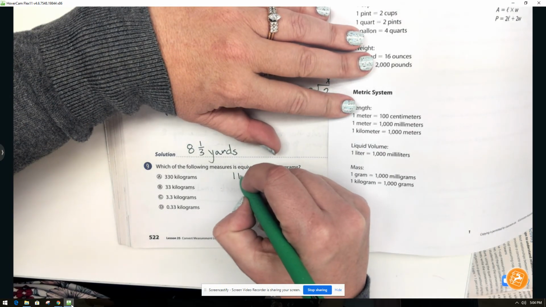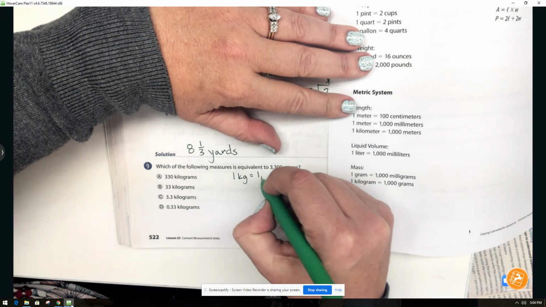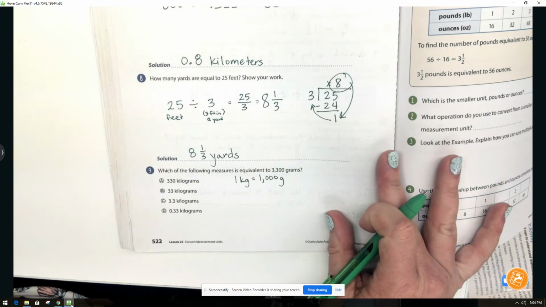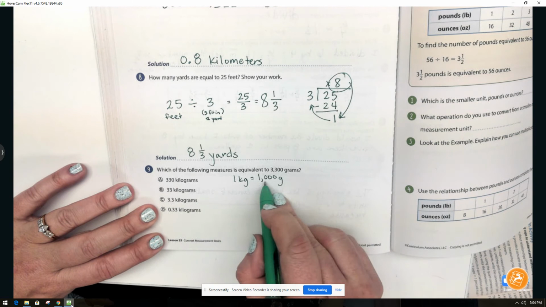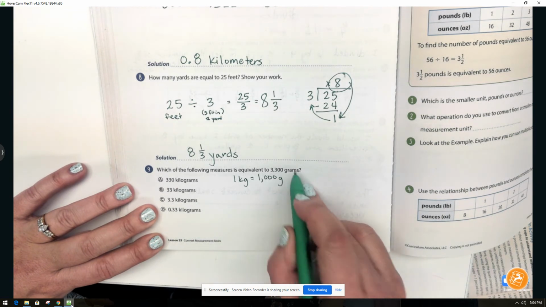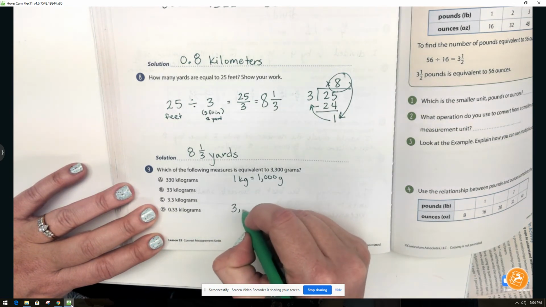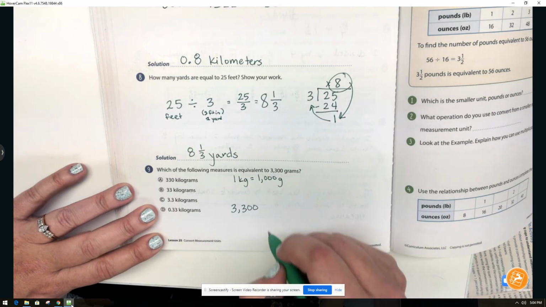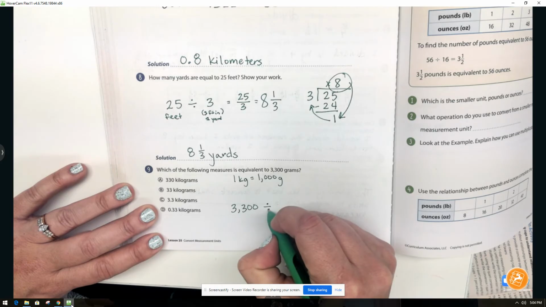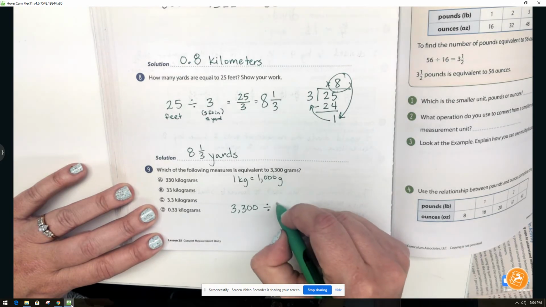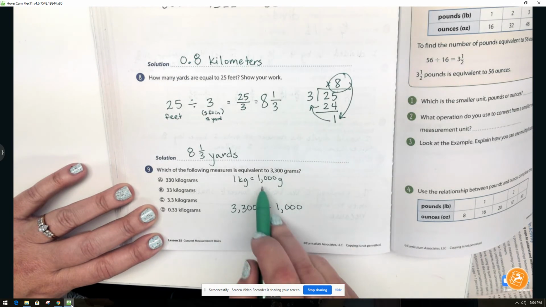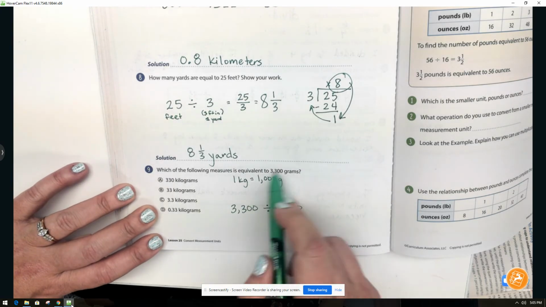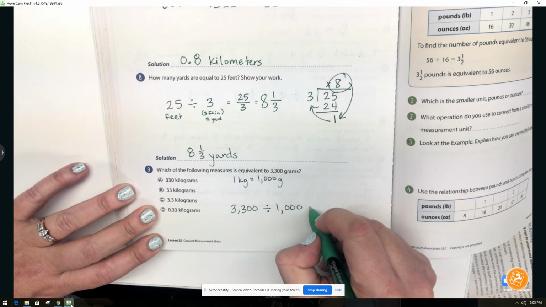So we're going to take our smaller unit, which is 3,300, because grams are much smaller than kilograms. And then we're going to divide it by 1,000 because there are 1,000 grams in 1 kilogram.